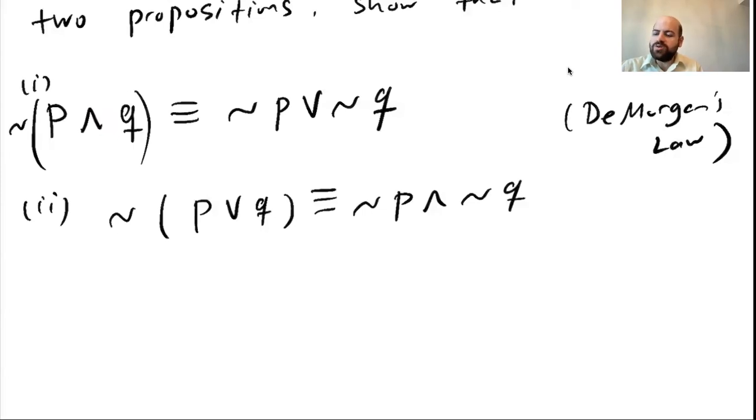And then for each row, you will find the column corresponding to, in this case, negation P conjunction Q, and find the column corresponding to negation P disjunction negation Q, and then compare them. If they're exactly the same, that means they're logically equivalent. Okay, so please try to do this exercise before the next lecture.